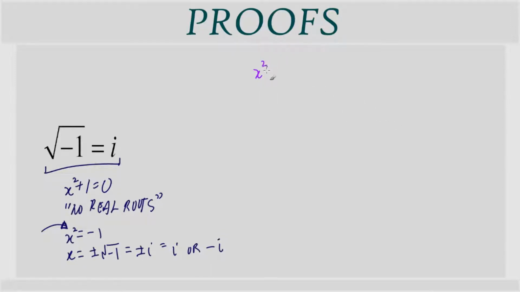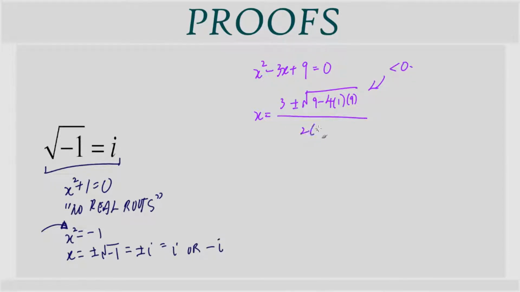So we have x squared minus 3x plus 9 is equal to 0. Alright, and now I'm going to plug in the quadratic formula. So that's negative b plus or minus the square root of b squared minus 4ac. Right, so in this case, the discriminant is less than 0. So now we're going to solve for complex roots. So it's 3 plus or minus the square root of negative 27 over 2.